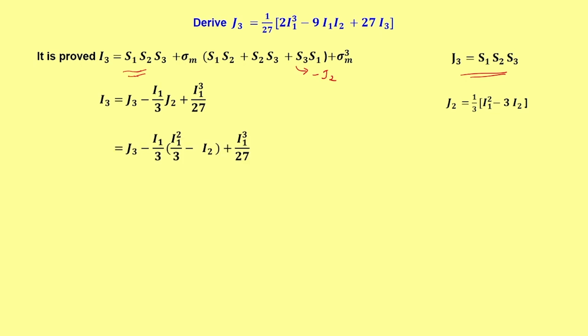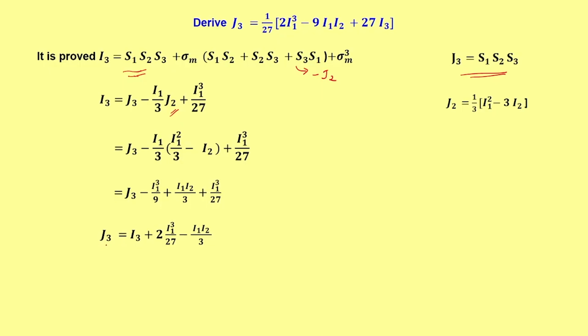So, if you substitute this, you have J3 minus I1 by 3, we substitute for J2. J2 is 1 by 3 I1 square minus 3 I2. So, I1 square by 3 minus I2. So, that is what it is, plus I1 cube by 27.